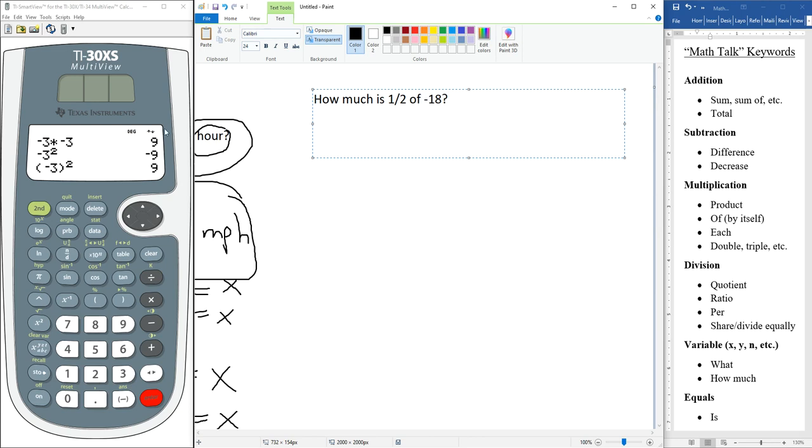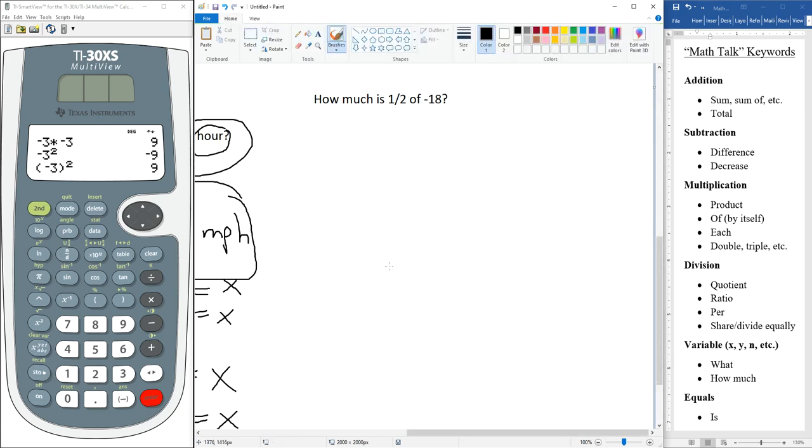That's a good problem. Okay, let's take a look at that. So, how much is 1 half of negative 18?